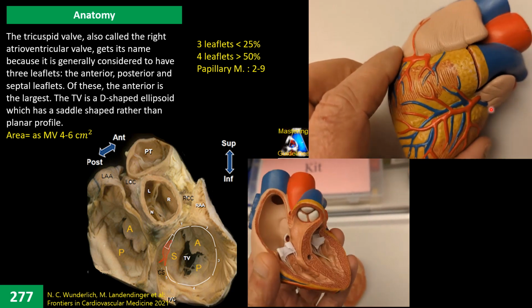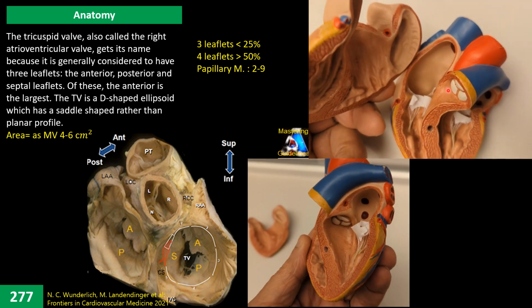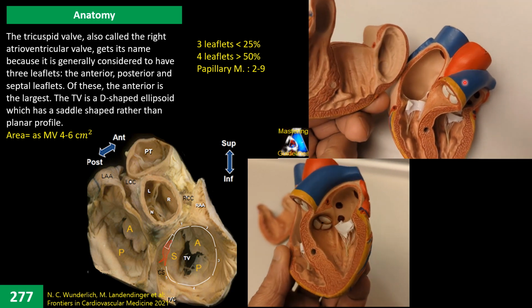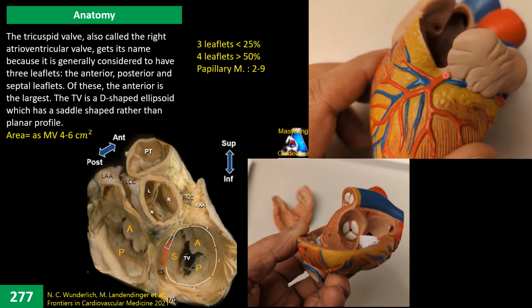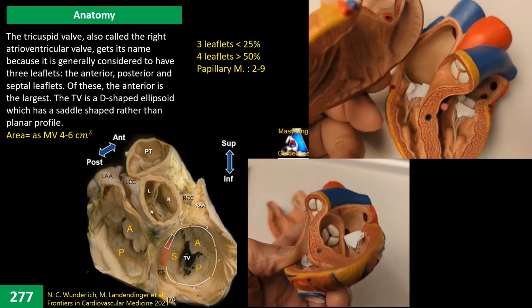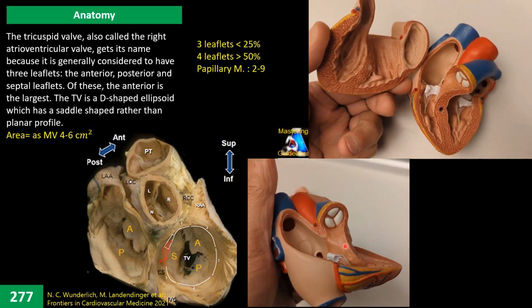Here you can see, if we take the anterior part of the heart, the infundibulum of the right ventricle, the pulmonary valve, the tricuspid valve, and the relationship with the other valves, which you can see here from the side.